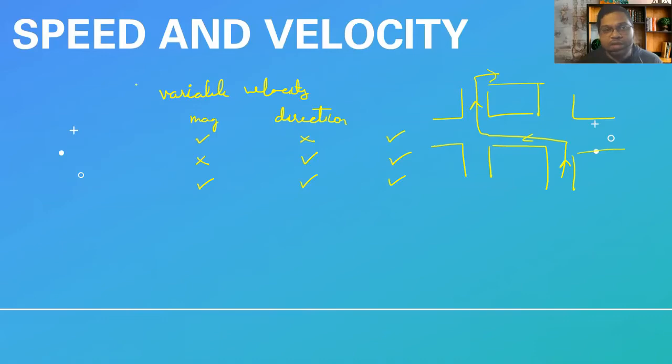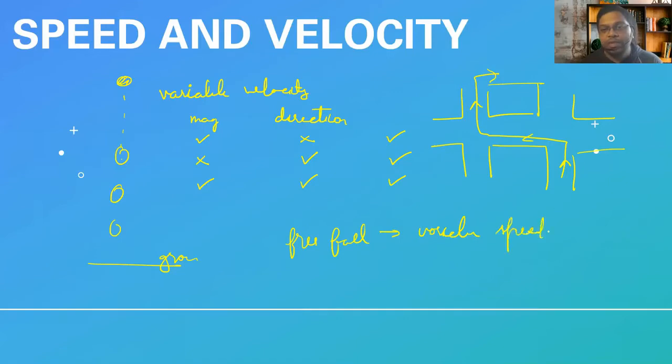For me, one example would be a body which is falling from a height. So this is ground, and you know that as the body drops, the speed keeps on changing. Okay, so a free fall is an example of variable speed as well as variable velocity.